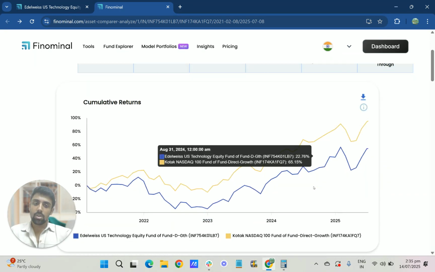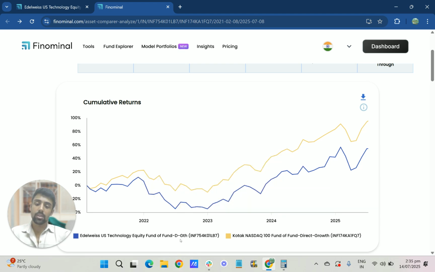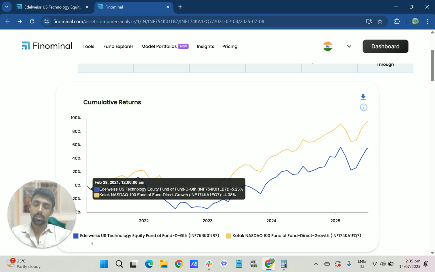So I think that concludes this. We have come to the end of this video. What we have discussed is essentially this: a US focused tech fund launched by Edelweiss. They're charging about 1.5% expense ratio, which is on the higher end.